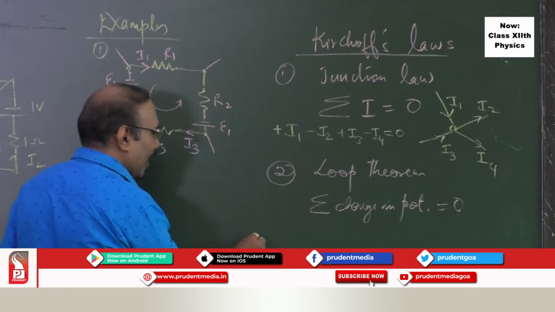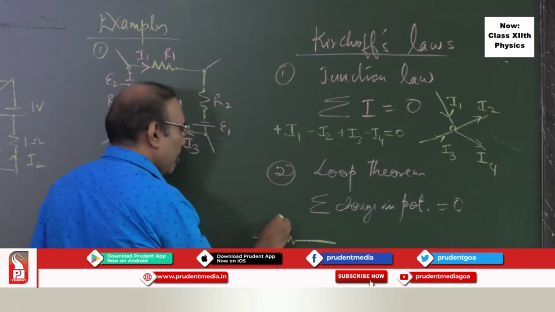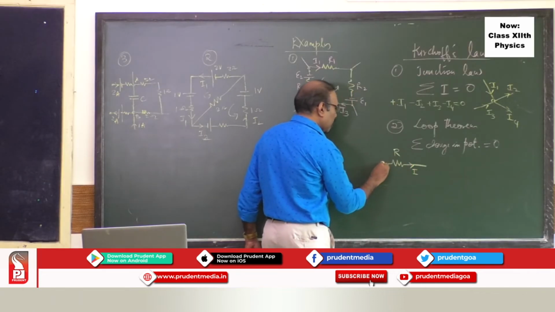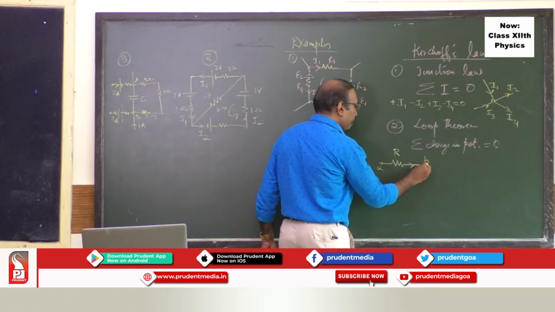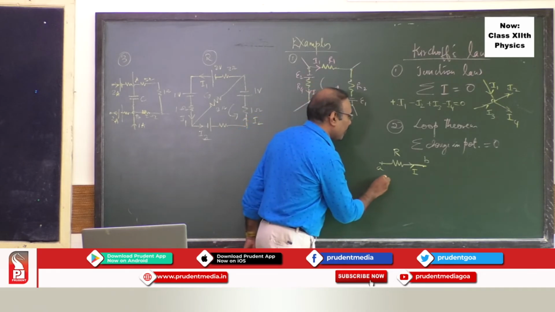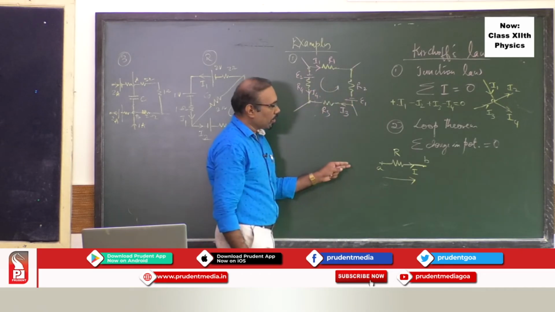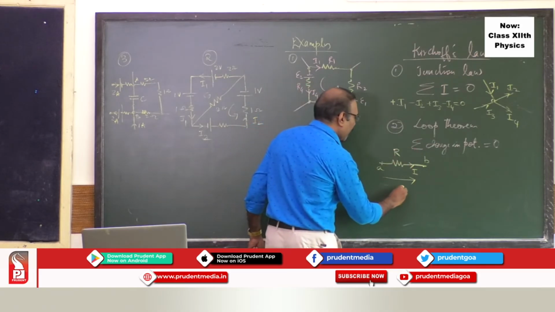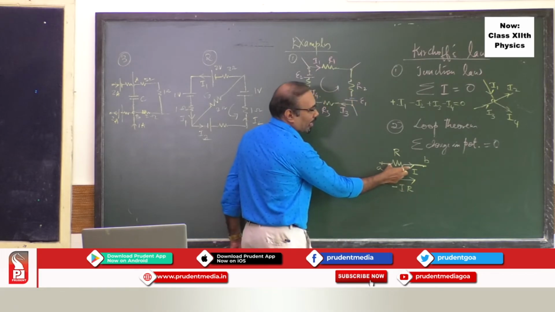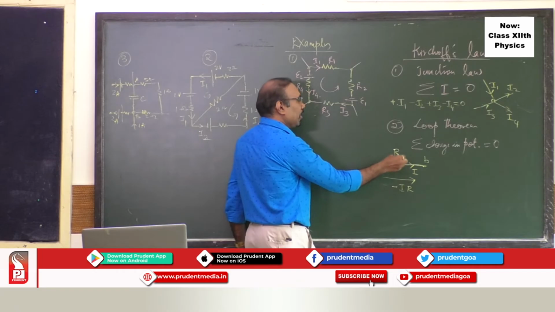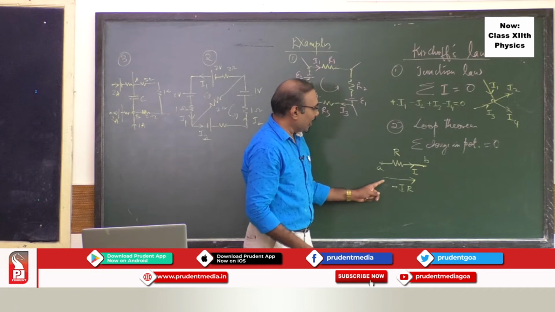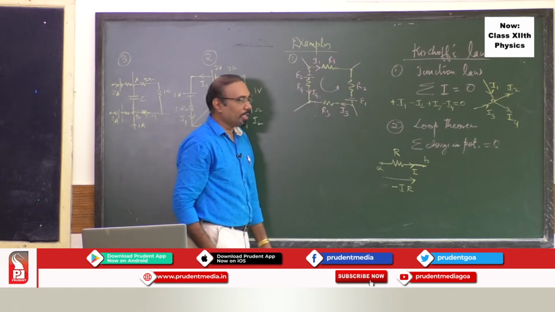Let me tell you about the sign convention. Suppose you are finding the voltage drop. This is the direction of the current, this is point A, this is point B. If you are traversing a circuit in the direction of the current, you take the potential drop as negative. The potential drop across any element is the current in that element times its resistance, I times R. In that case, you take the potential drop as negative.